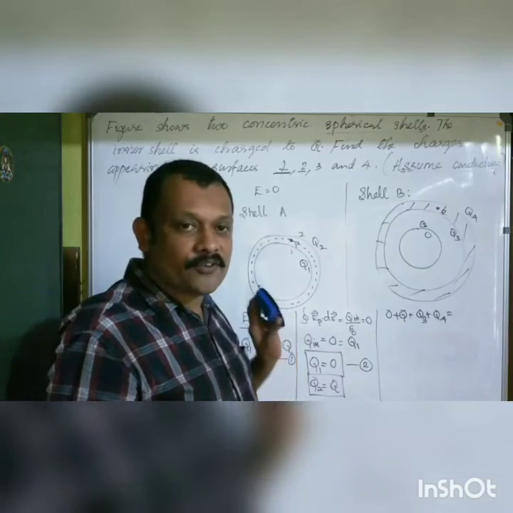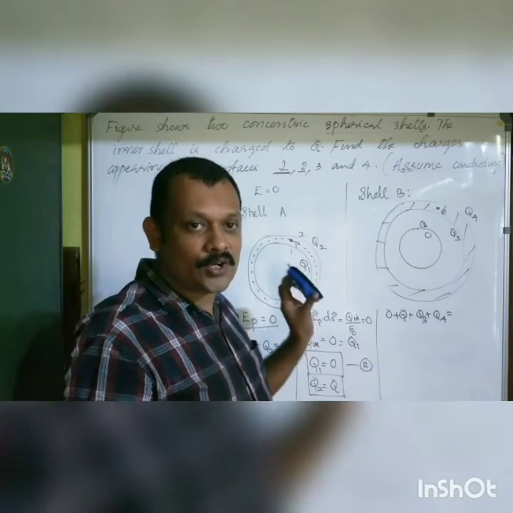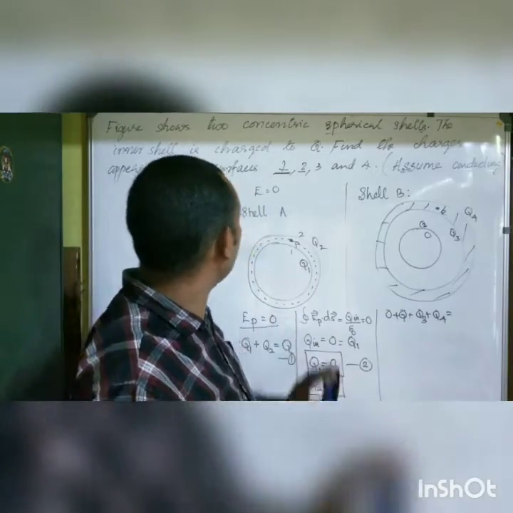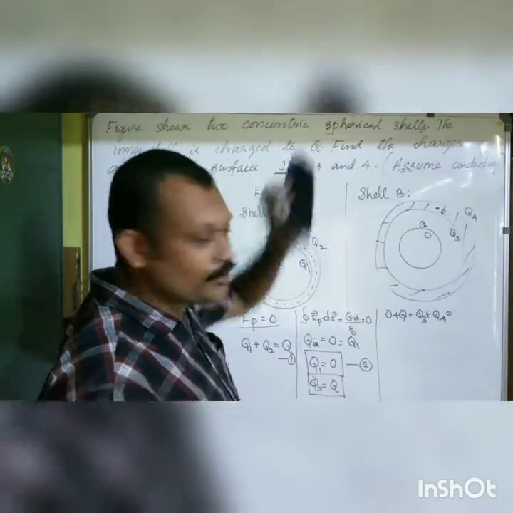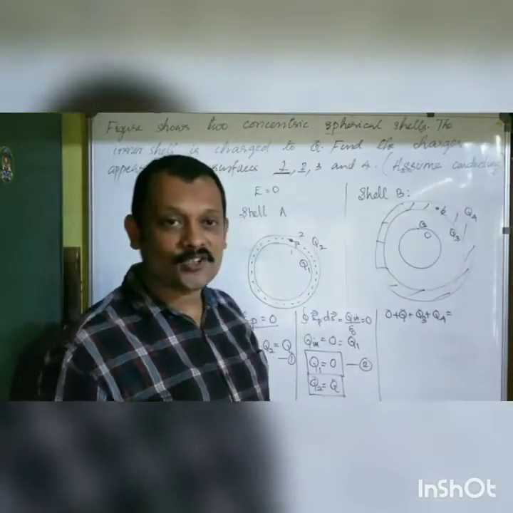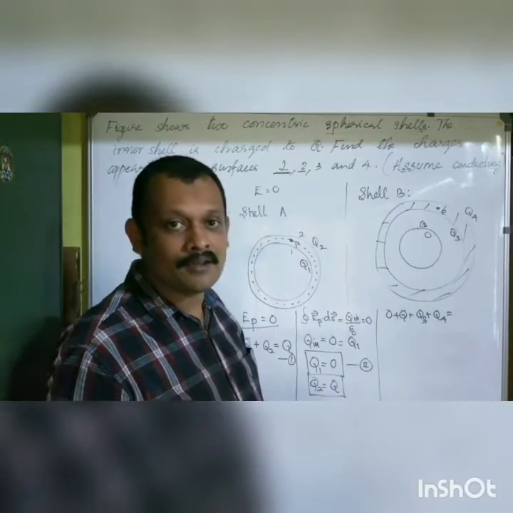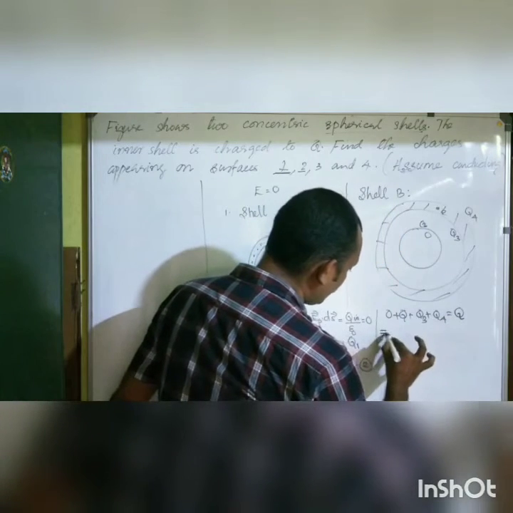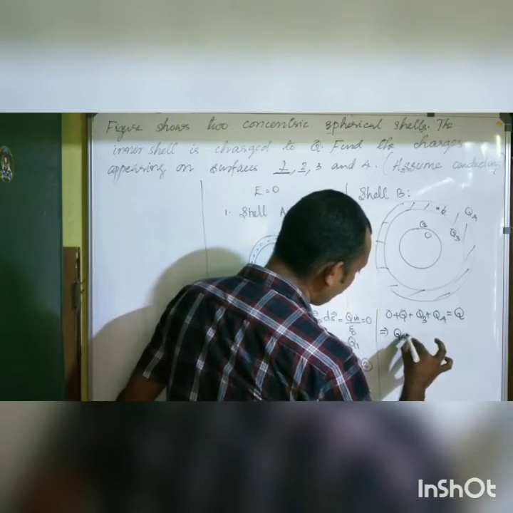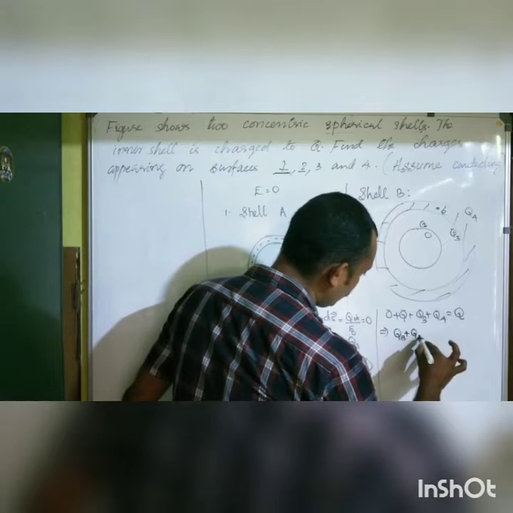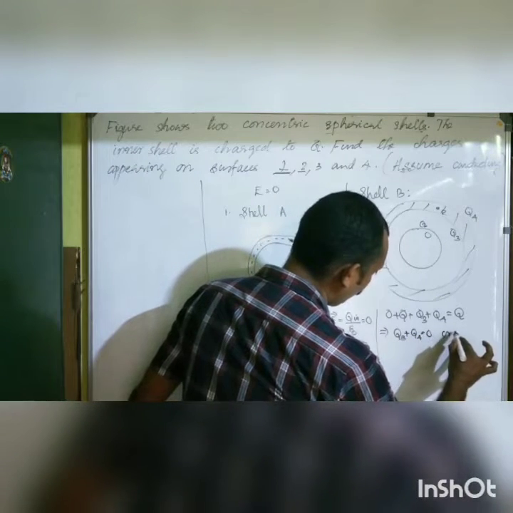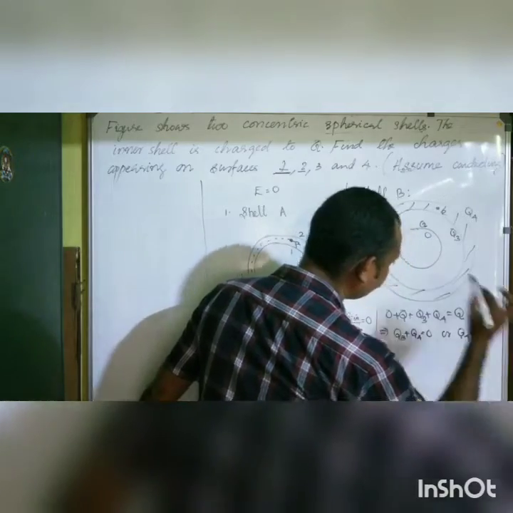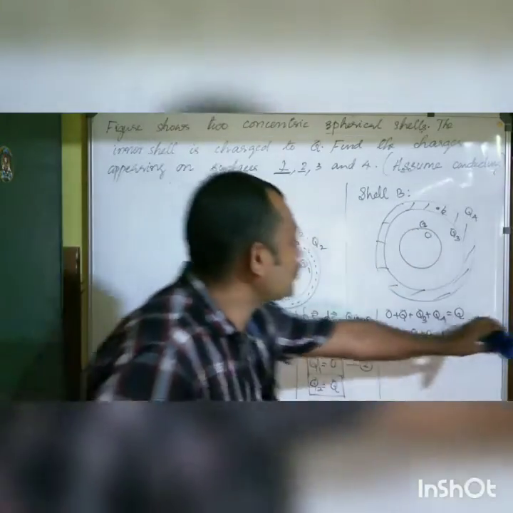According to the conservation of charge, the total charge on the system should remain conserved. What is the initial charge on the system? Q. What should be the final charge on the system? That also must be Q. So Q3 plus Q4 is equal to 0, or Q4 is equal to minus Q3.